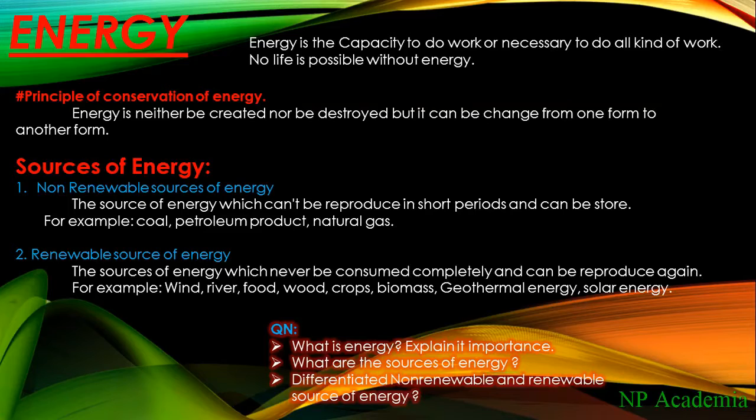Same like on the dam, water has potential energy, and when it flows, that potential energy is converted into kinetic energy. Kinetic energy means the energy possessed by the moving object due to change of motion, and due to change of position there is a potential energy.